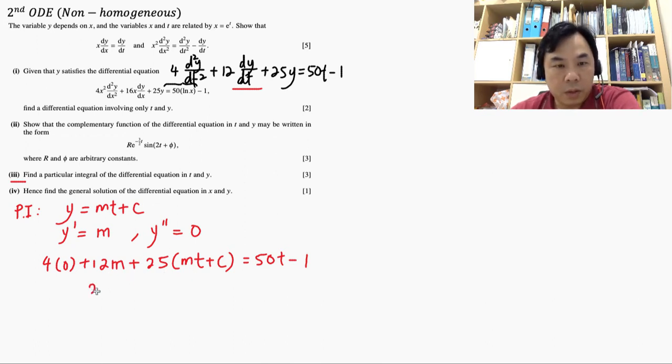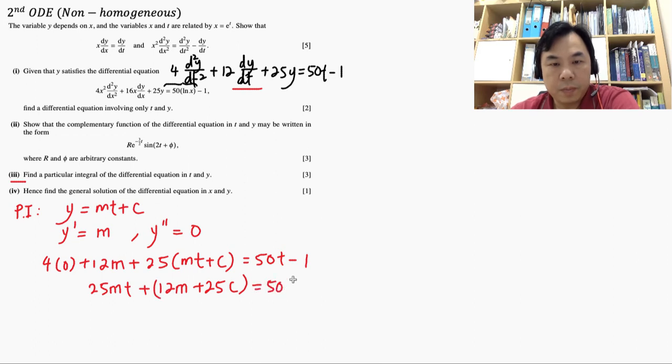Right, now let's give that a try. We have 25mt plus 12m plus 25c here. Now, by comparing the coefficients of t and the constant itself, we will be able to obtain m equal to 2, which is quite obvious here, whereby c will be equal to -1.